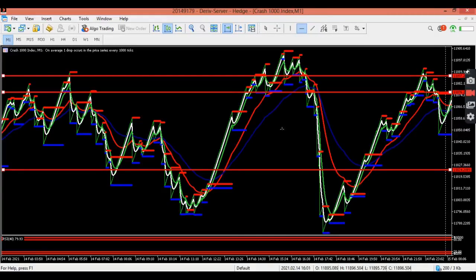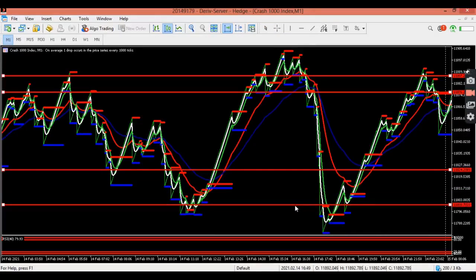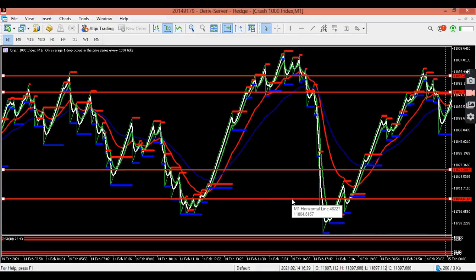If you are targeting spike, you can be putting your stop loss or take profit at 60 candles for spike and 60 candles for normal trend, but that is for Boom 1000 and Crash 1000. For 500, you put 30 candles as your take profit for spike.